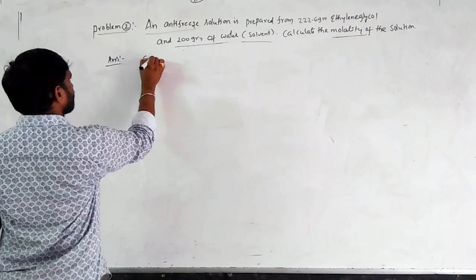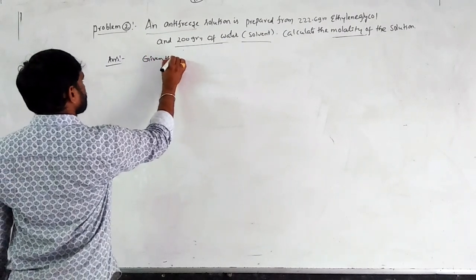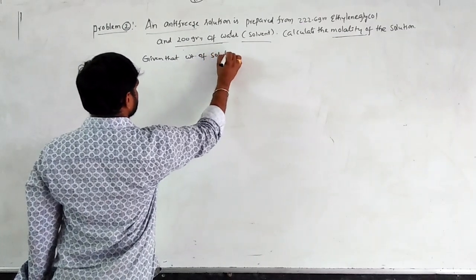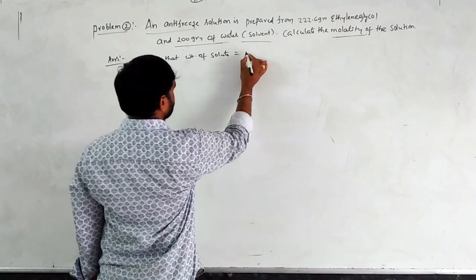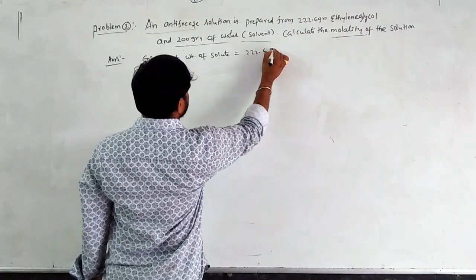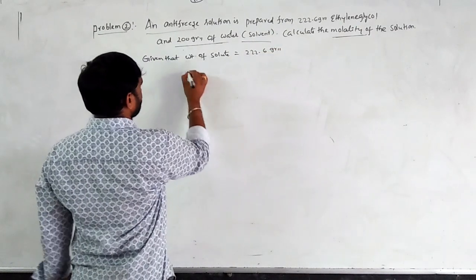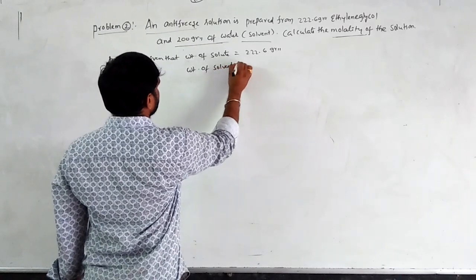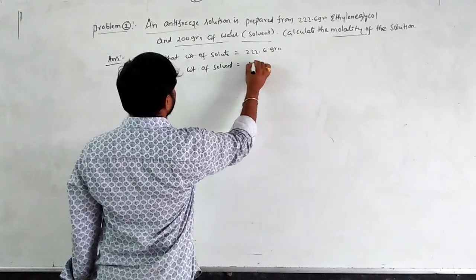Given that weight of solute equals 222.6 grams, weight of solvent equals 200 grams.